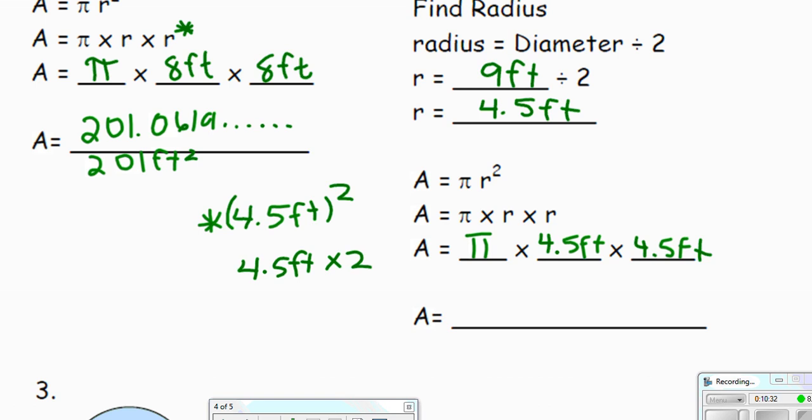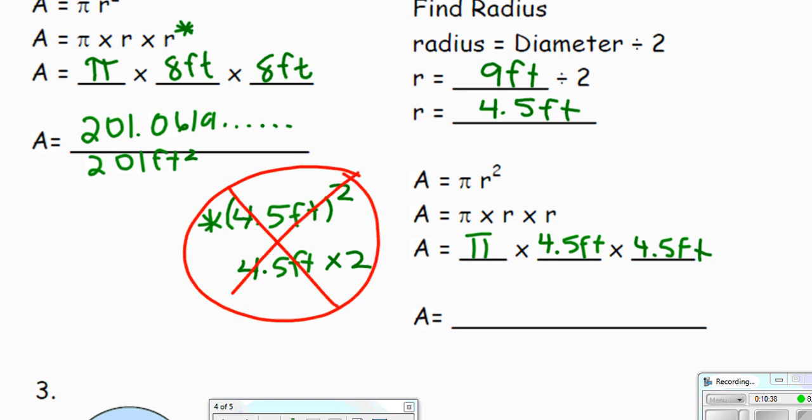Okay? These are not the same. So no, you cannot use the diameter instead of the radius. When we use pi times radius, we get 63.61725, which gives us 64 feet squared, right? If we're rounding to the nearest whole, we look to the tenths place, and the 6 is larger than 5, so we round up.